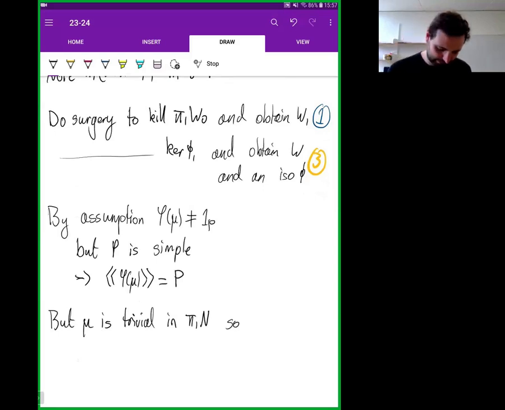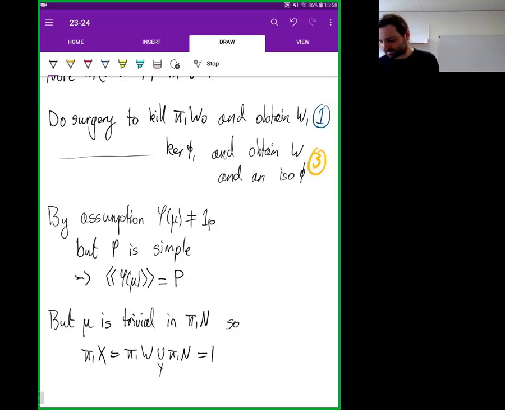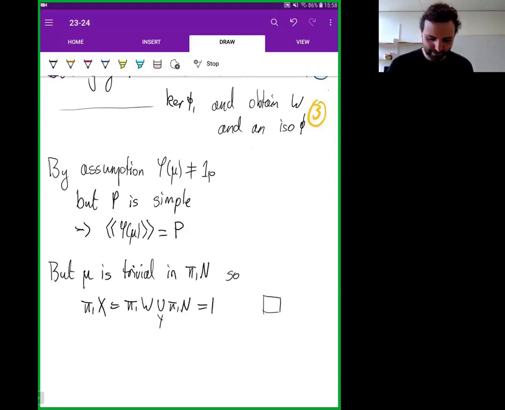So we have pi1 of X. By Van Kampen's theorem it is pi1 of W union over Y with pi1 of N. But this is trivial, so then we're happy. Cool. So that's how to prove the lemma.